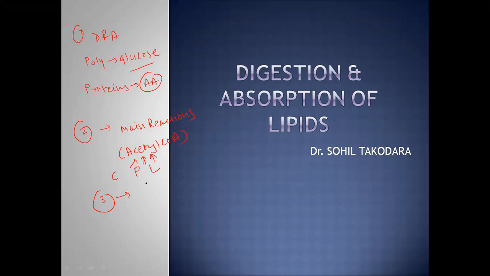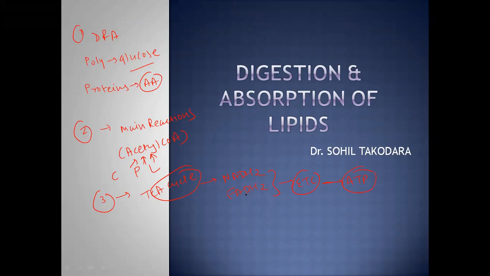Third step is TCA cycle, where NADH2 or FADH2 are getting produced. They go to ETC and generate the ATP.